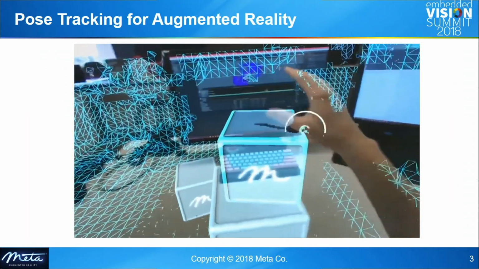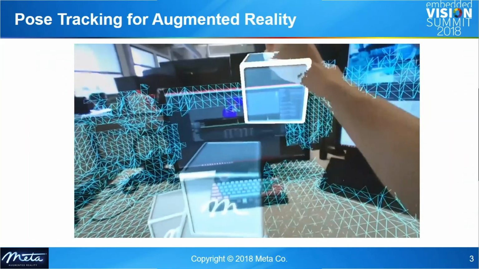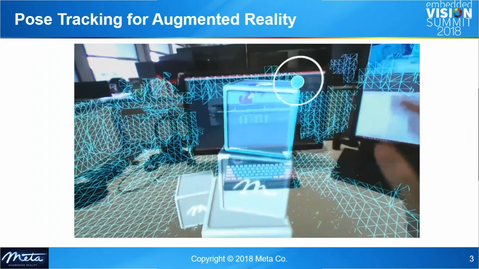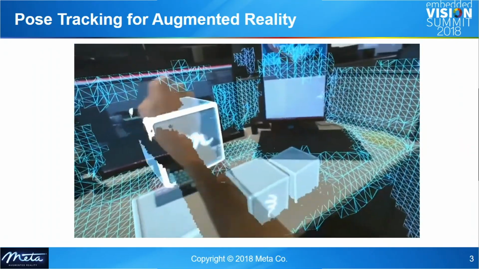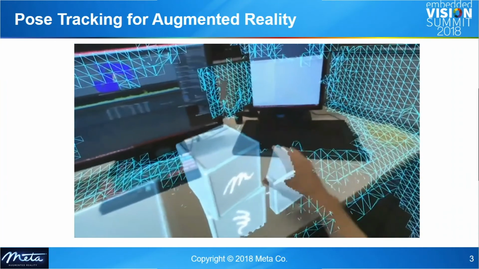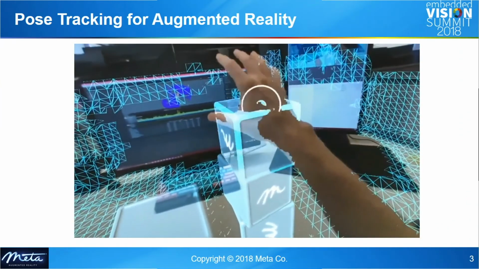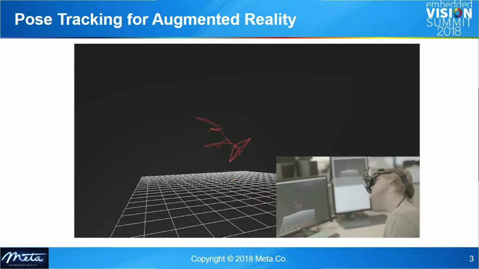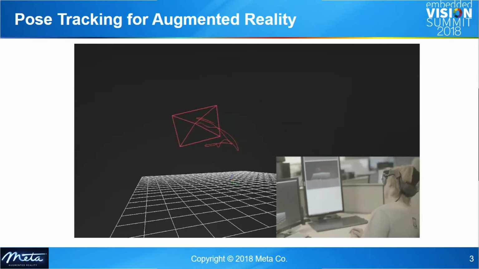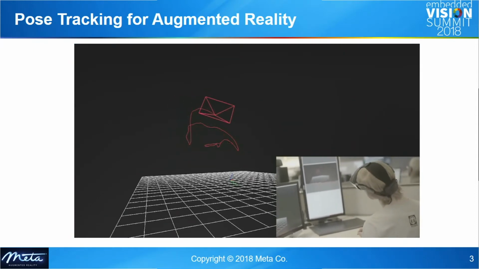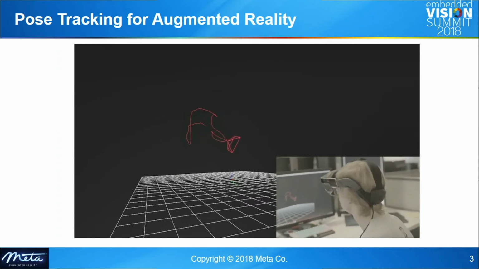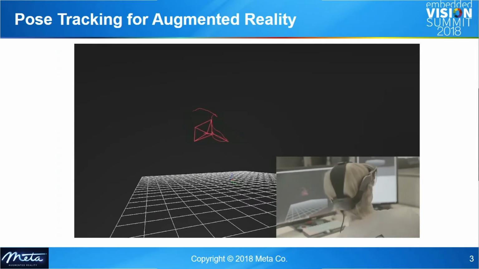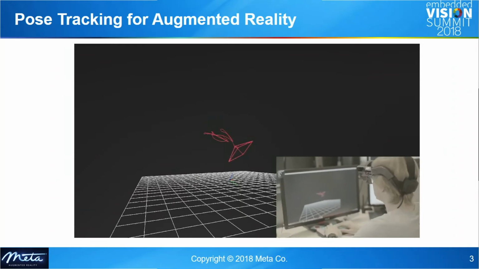So the user will see rendered content overlaid on top of the real world. Some of the content, such as the 3D mesh, might be something that augments the existing reality. The rest of the content, such as the cubes, might be just 3D models that are rendered, but we want to render such that it appears locked to the real world.